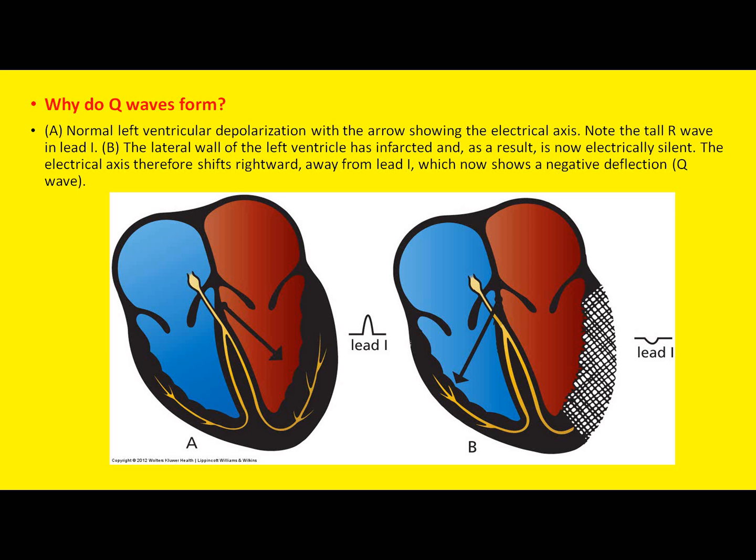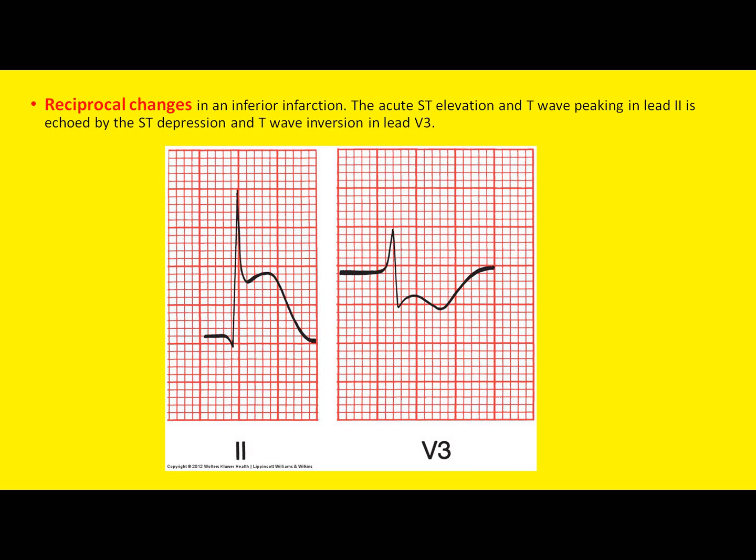Anytime the current moves away from your source, that's when it goes negative. Remember? So this part is dead, no electrical current, therefore electrical current now goes this way. Normally electrical current should be like this, but now because it's dead, electrical forces say I have nothing to take electricity there, so it moves away. Because it's moving away, that becomes a negative force.